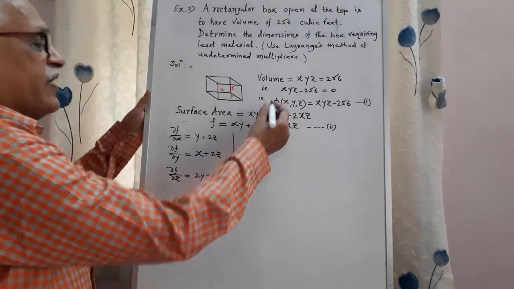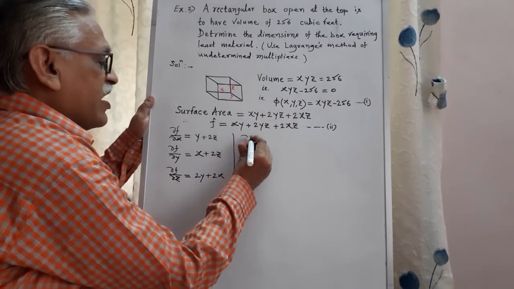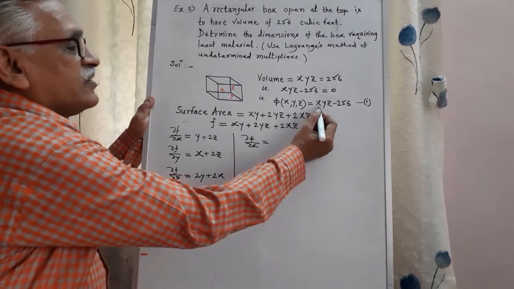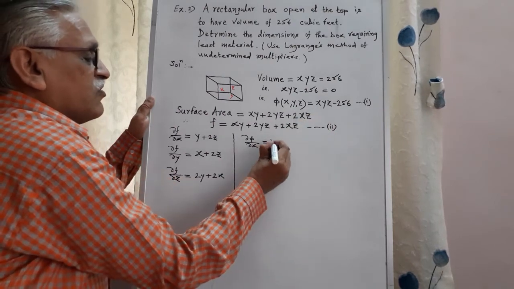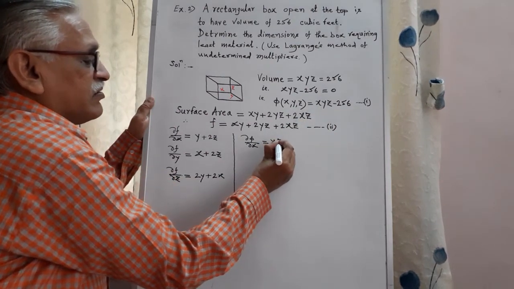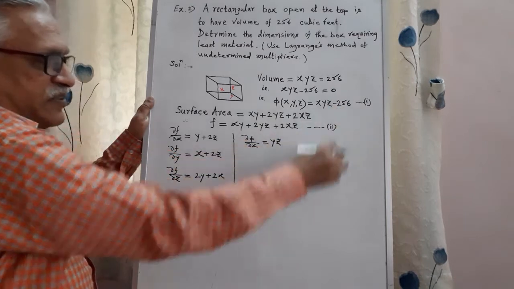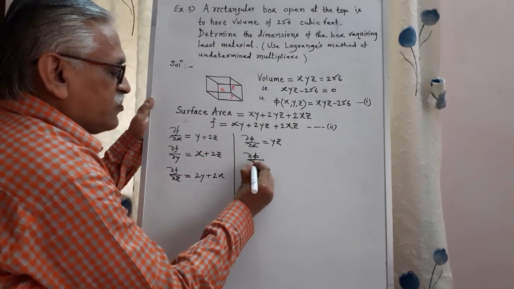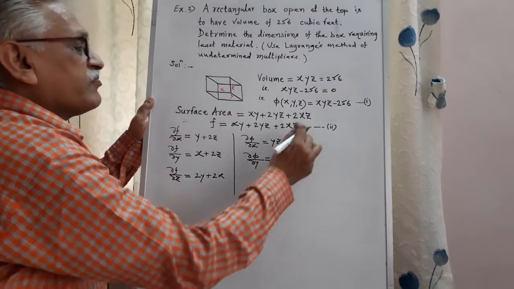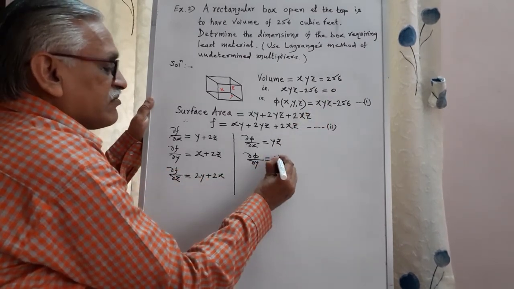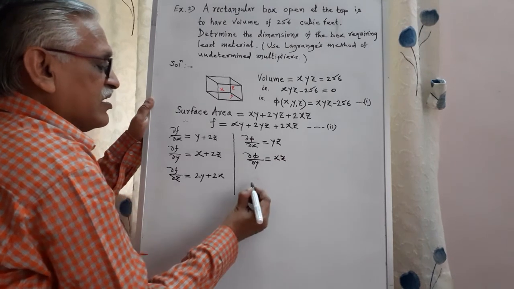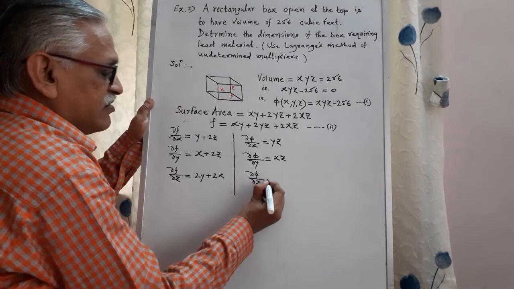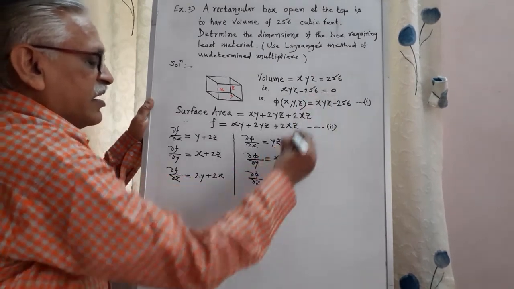Similarly, we find derivatives of phi with respect to x, keeping y and z constant. Therefore, derivative of this with respect to x is yz. Derivative of the constant term is 0. Derivative of phi with respect to y is xz, and derivative of phi with respect to z is xy.